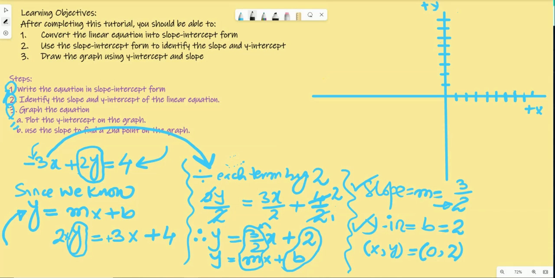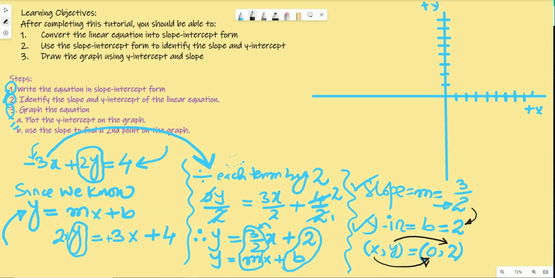So our y-intercept is 2, and the coordinates of y-intercept is x is 0 and y is equal to +2. For y-intercept, I already told you x should be 0. So let's draw this point, x 0, y 2.